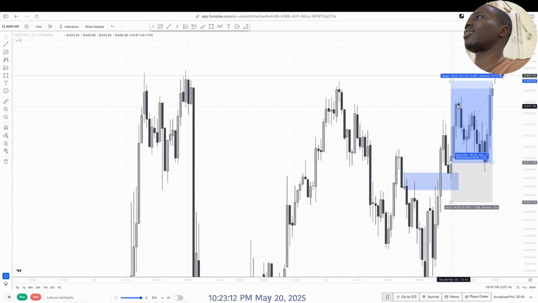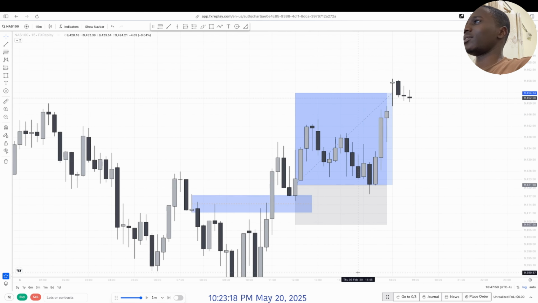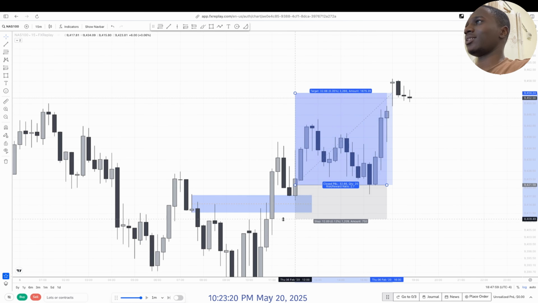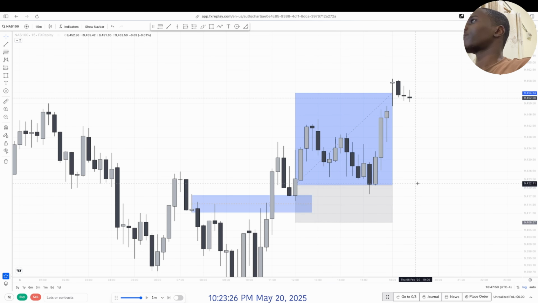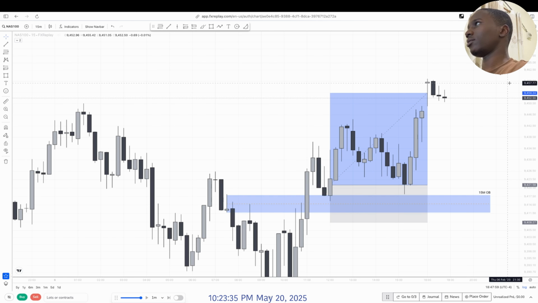That's the first thing. Let's see. Yep, taken out. And our stop loss is an ideal one, just under this other block, which means 2.5. Not bad. 15-minute block.